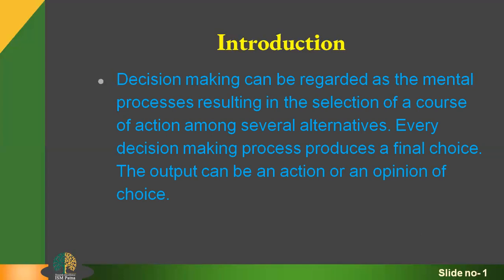And every decision making process produces a final choice. This output can be an action or an opinion of choice. Let us discuss this slide and make it more clear.